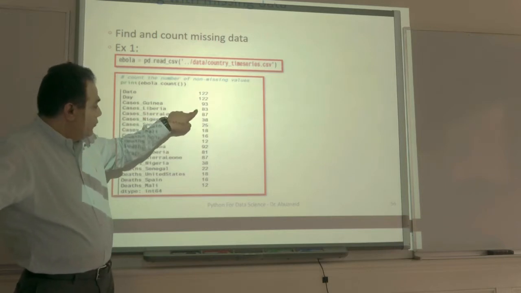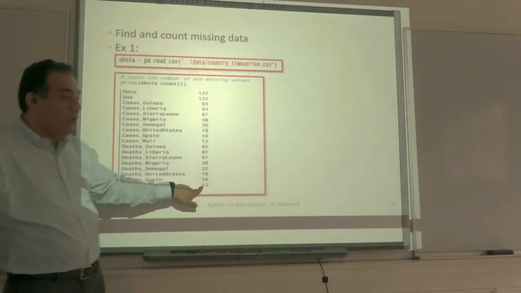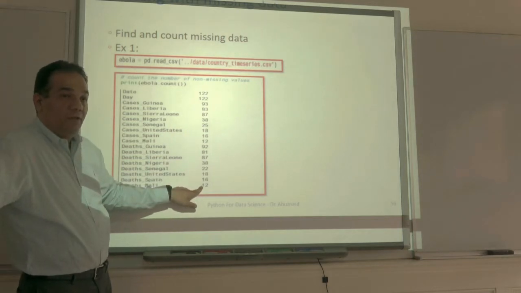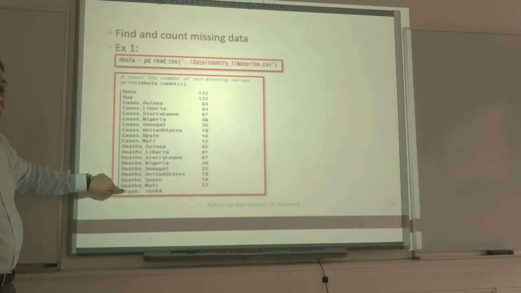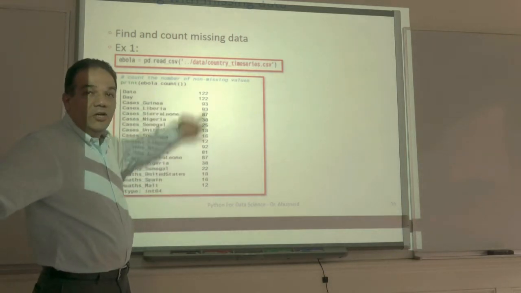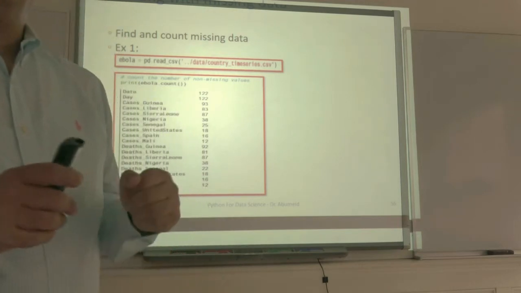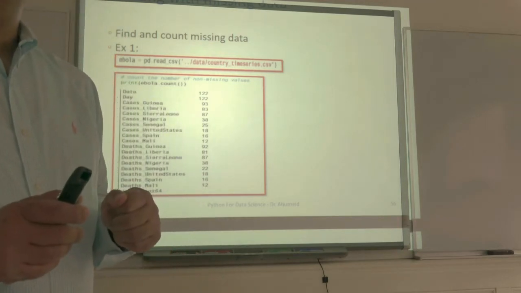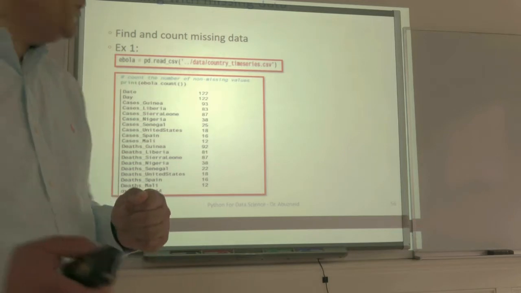In Liberia 83. For example, in here deaths in Mali, only 12 entries. So how many entries in each column? It's clear in this data frame that there are a lot of missing values.